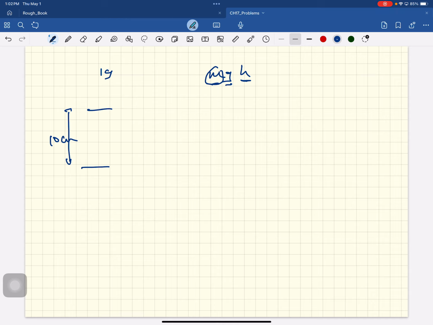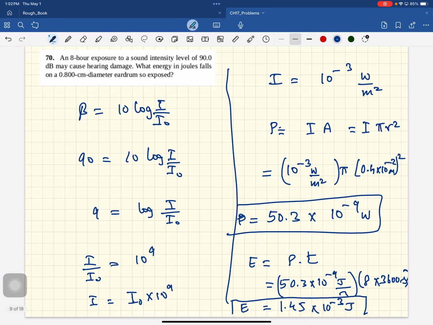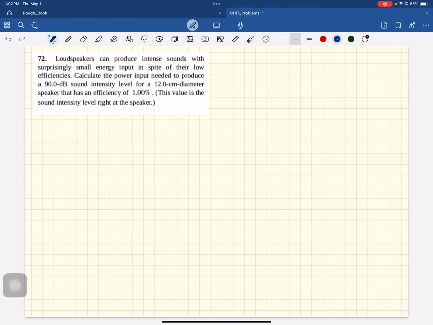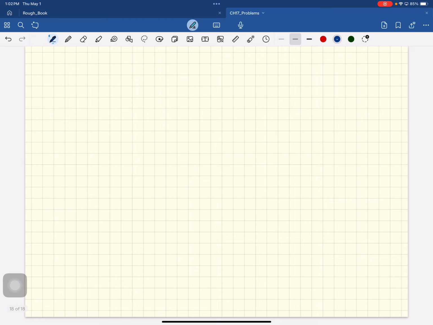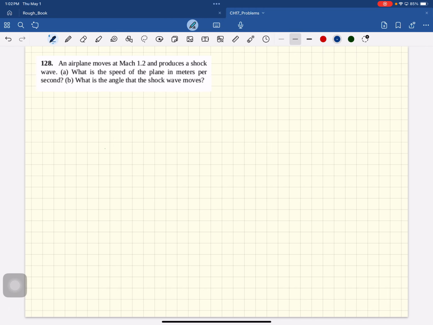So one gram falling from a height of 10 centimeters on your ear. And that's how much energy has fallen on your eardrum.